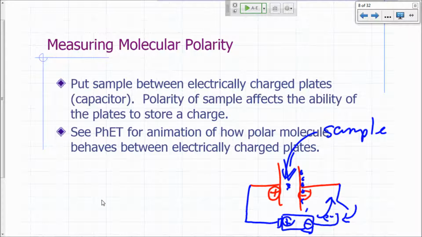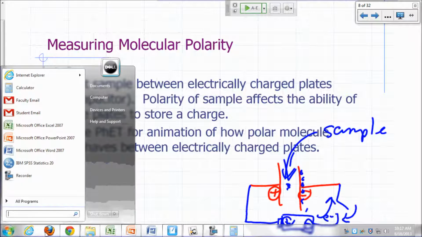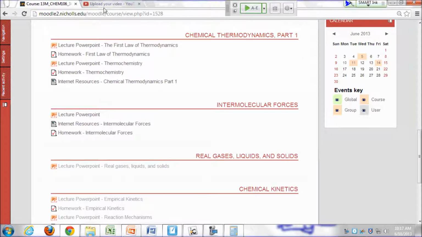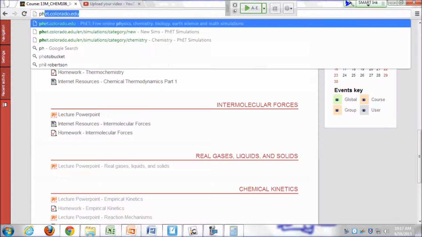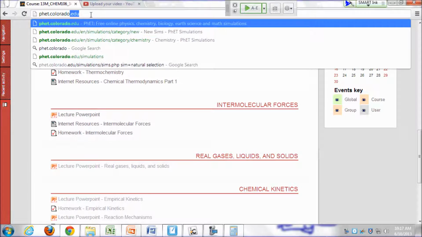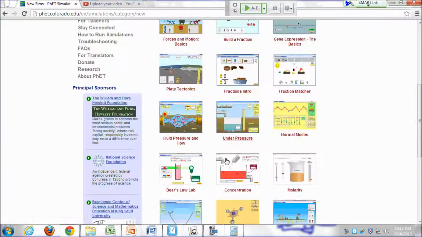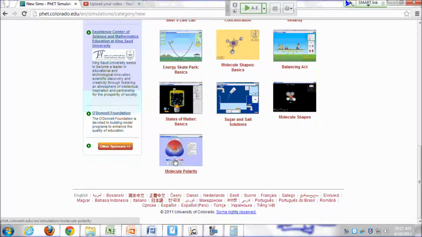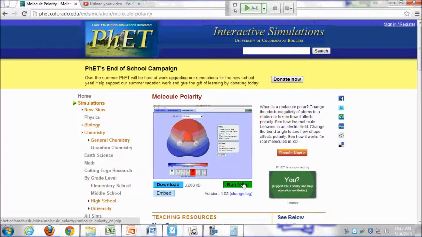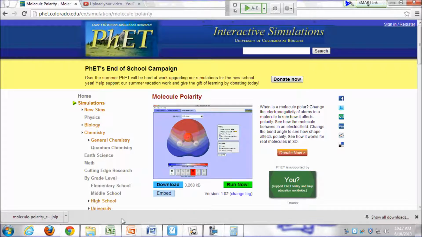If you want a better picture of what's going on there, let's go to phet.colorado.edu. There's a simulation there on molecular polarity.